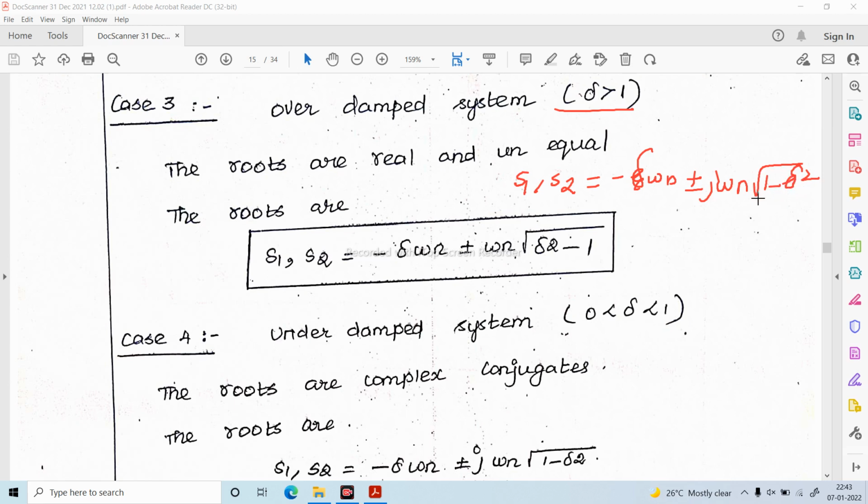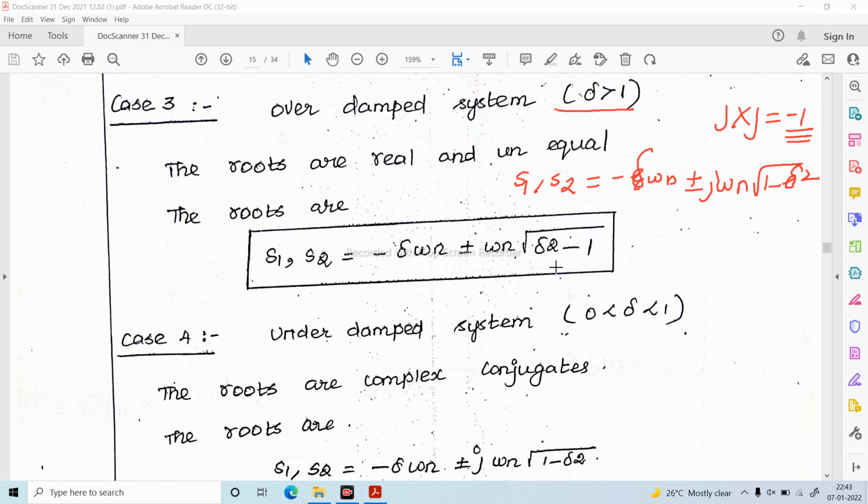The value should be negative. So 1 minus delta square is negative, and j into j gives minus 1, so the square root of minus 1 gives the minus 1 value. That is the real number. So minus delta omega n plus or minus omega n square root of delta square minus 1.